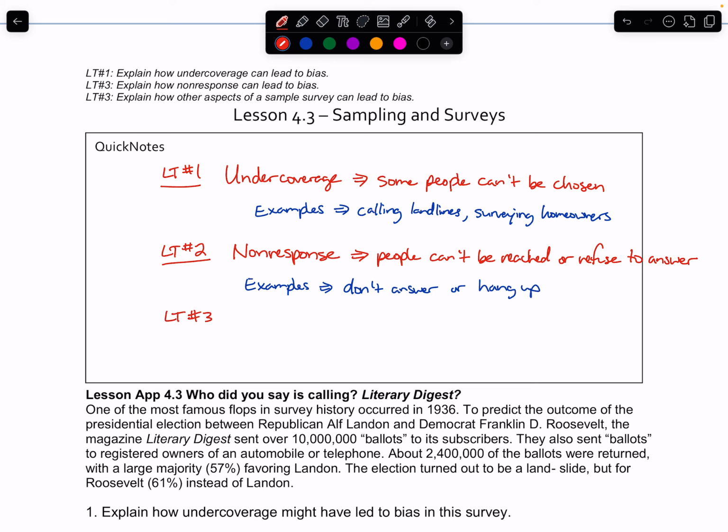And lastly, number 3 was this idea of response bias, which is when the interviewer influences the answer. So some examples of this could be simply in the wording of the questions.